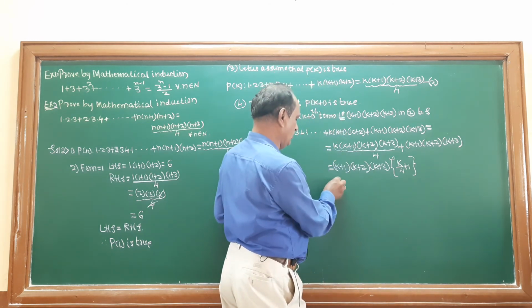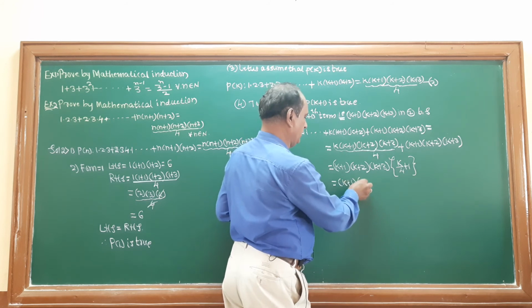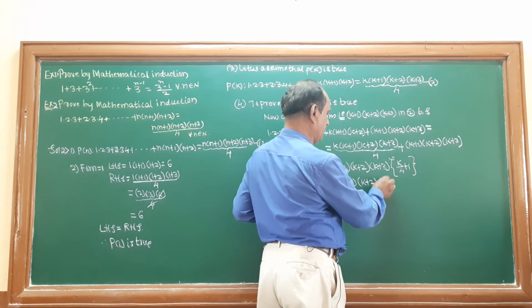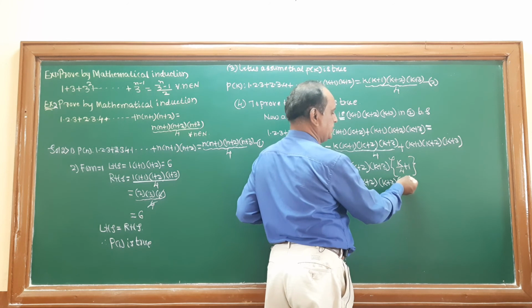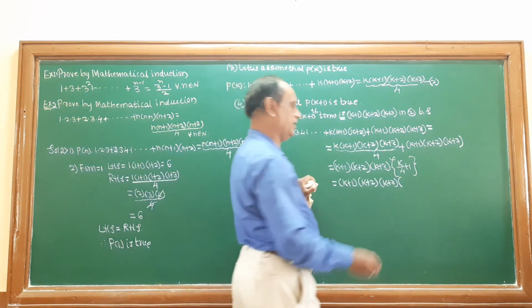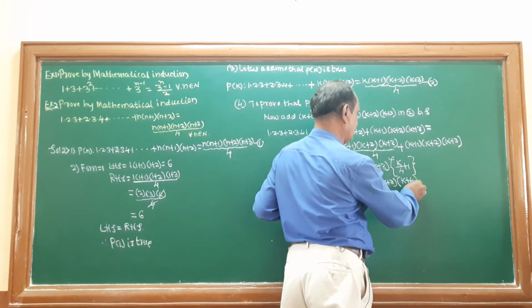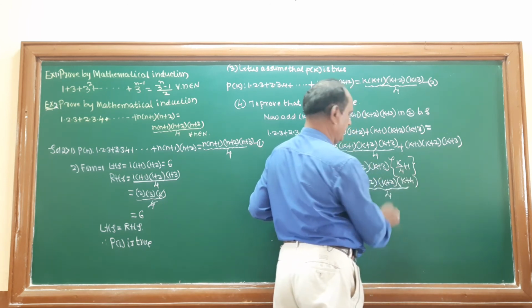Rearrange the terms. Totally, that is (k+1) multiplied by (k+2) multiplied by (k+3), again by taking the LCM. So LCM is 4. By taking 4 as the LCM, that is k plus 4. So this whole is divided by the LCM, 4.